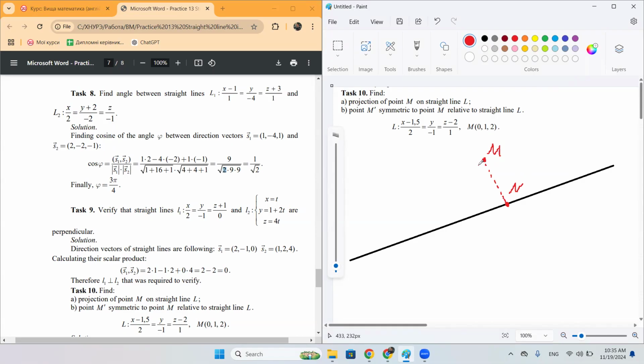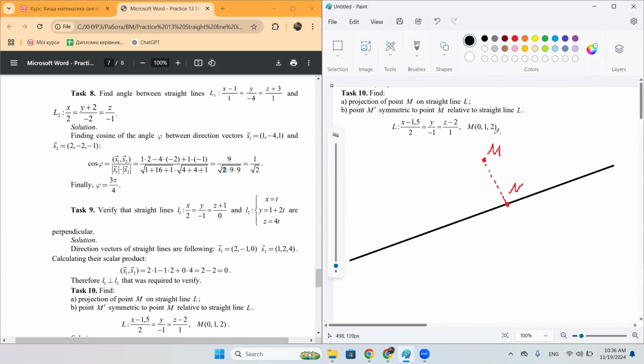And how basically to find it? We need to find, first of all, the plane that is perpendicular to this straight line and that contains point M. So basically, what do we require for it?